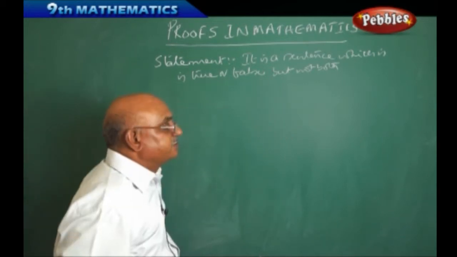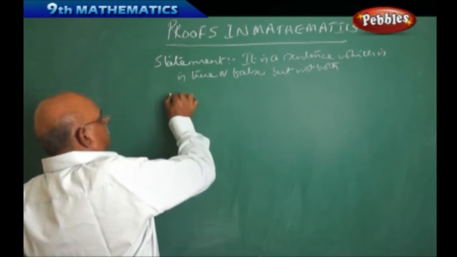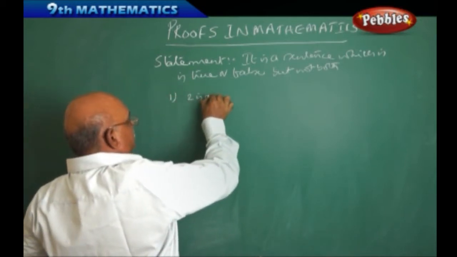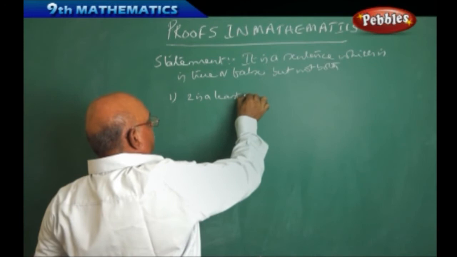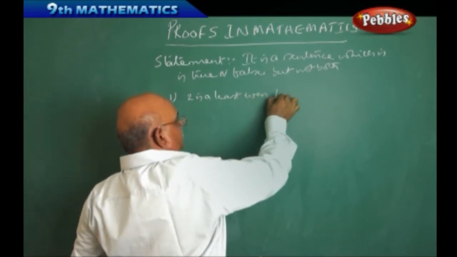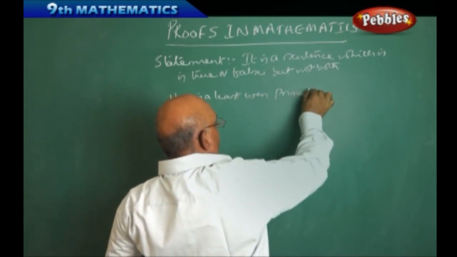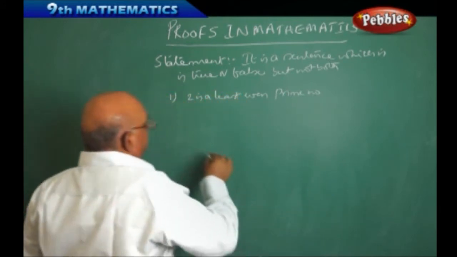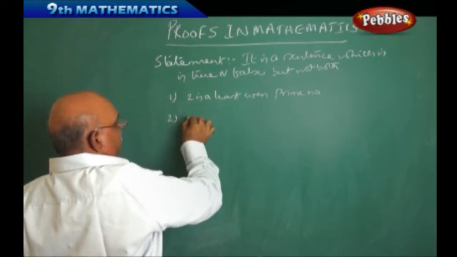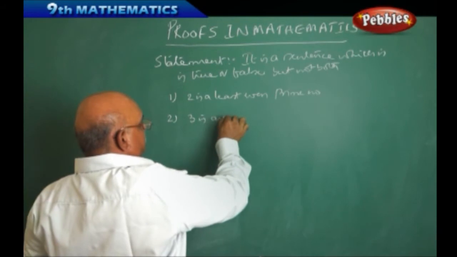Now there are certain statements. Suppose I say that 2 is the least even prime number. The second is, 3 is an even number.